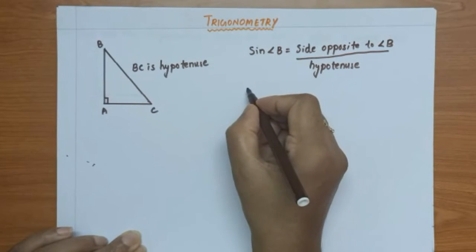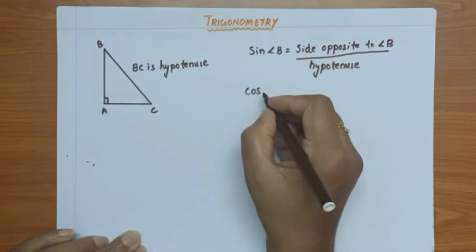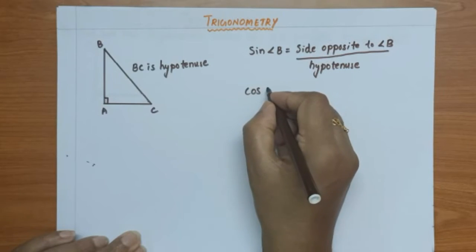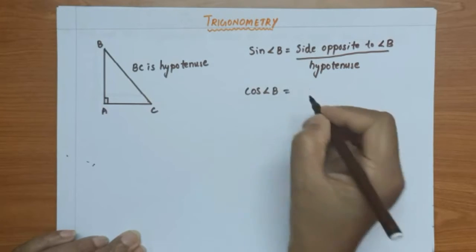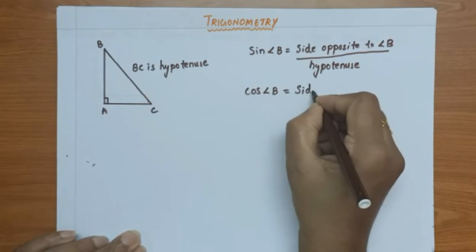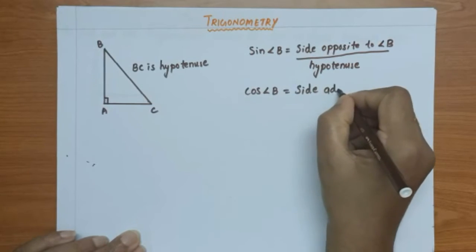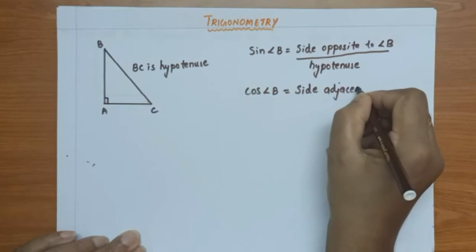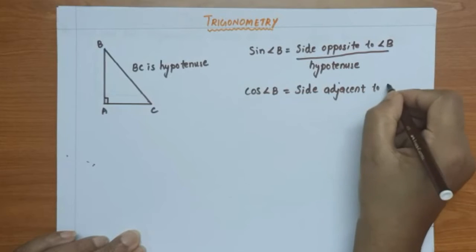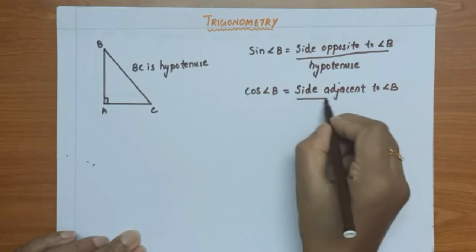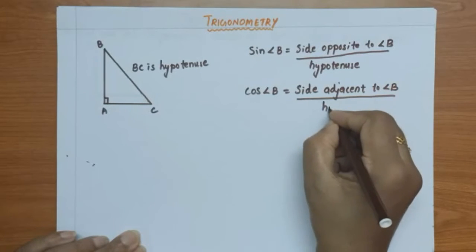Then the next trigonometric ratio is cos. Cos of angle B equal to side adjacent to angle B divided by hypotenuse.